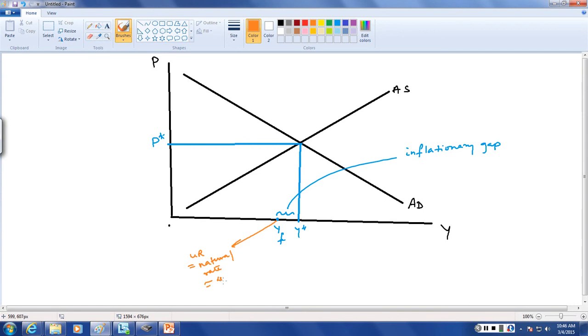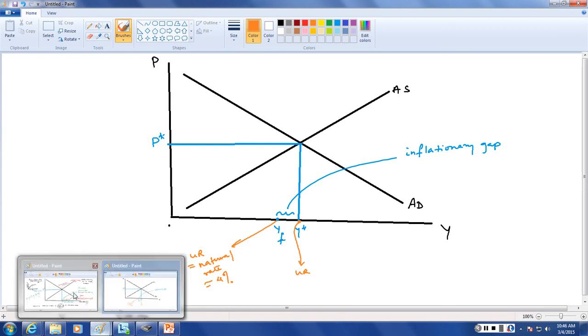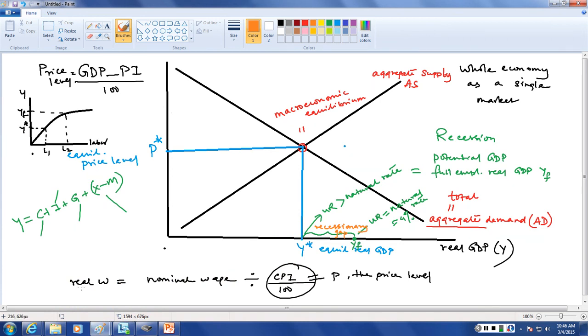which is approximately 4%. At this level of GDP, what shall be the unemployment rate? Shall it be bigger than 4% or smaller than 4%? I'd like you to quickly look at that production function that we have here.